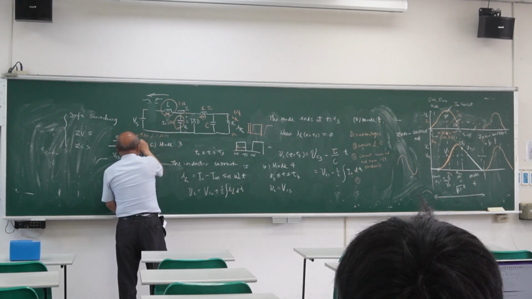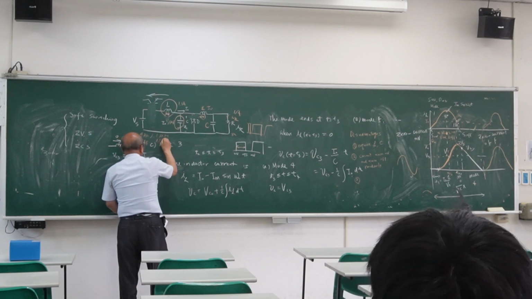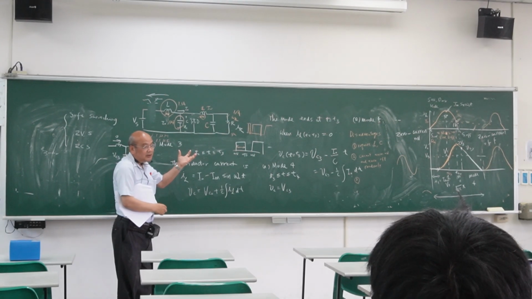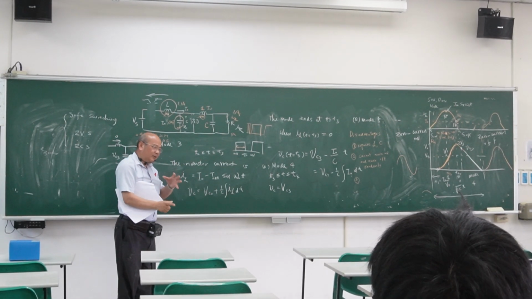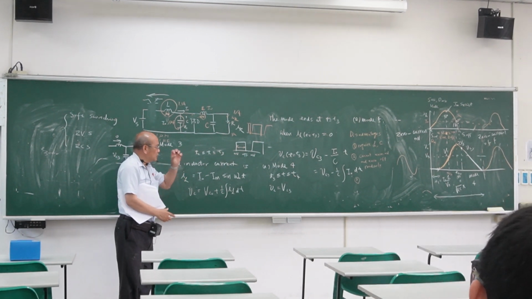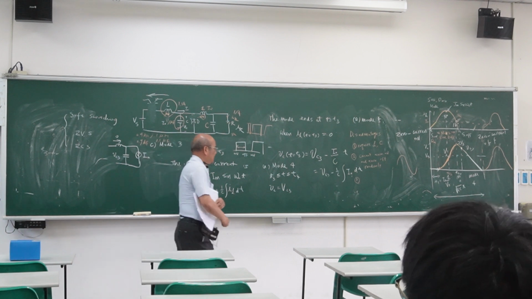For the C, you can get 0.9 microfarad or 1.1 microfarad. Then your frequency changes, right? So can you keep your quality to the standard? No, because it is too small.